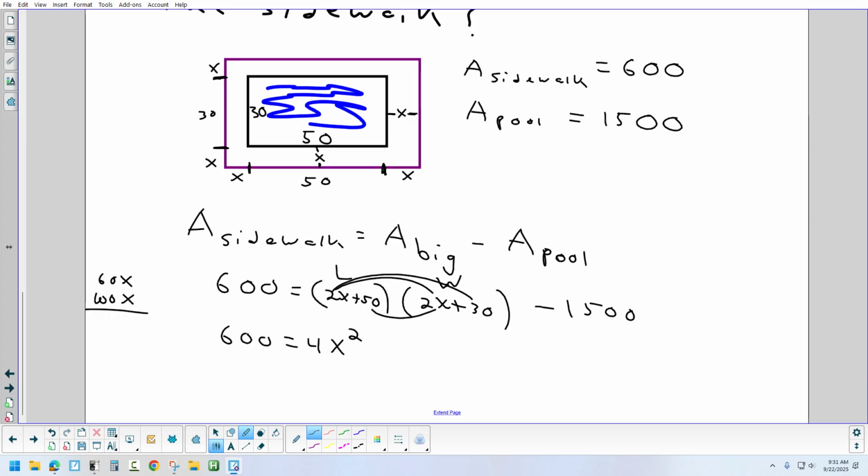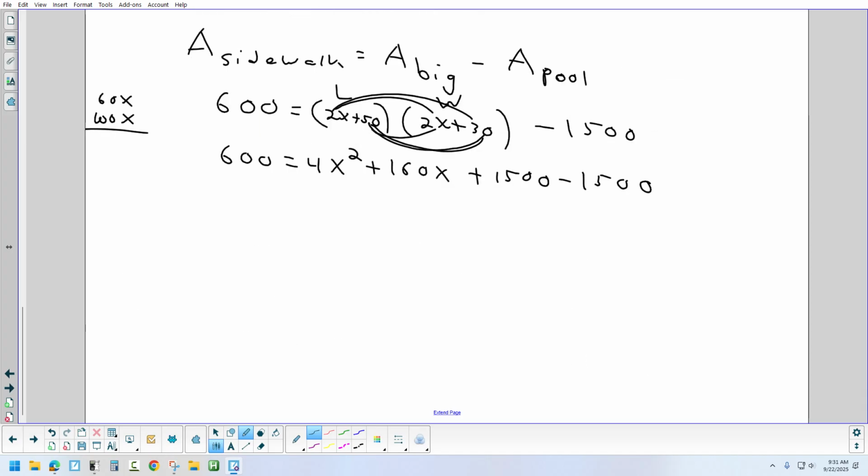Add them up. 160x. And 50 times 30, we already know, we did that earlier, is 1,500. So that's 1,500, but then those two are always going to cancel out. Yep. And now we have that equation to solve.